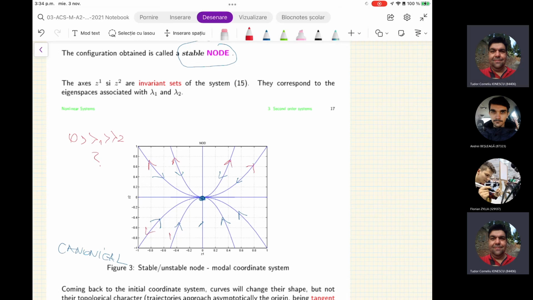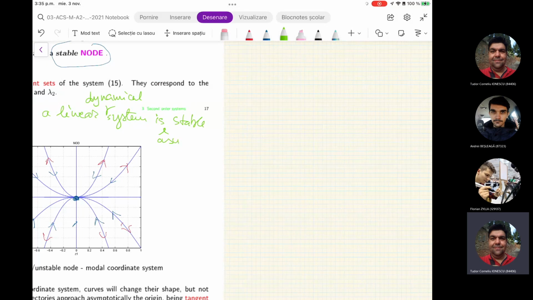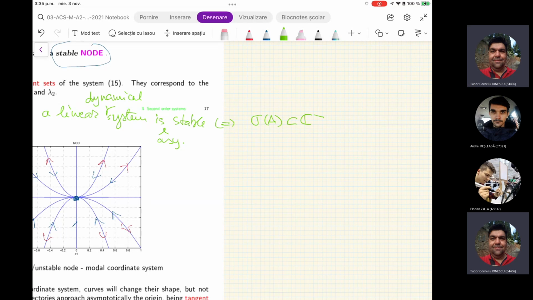We know that a linear system, recall, a linear dynamical system is asymptotically stable if and only if the spectrum of the matrix A is included in the left complex half plane.